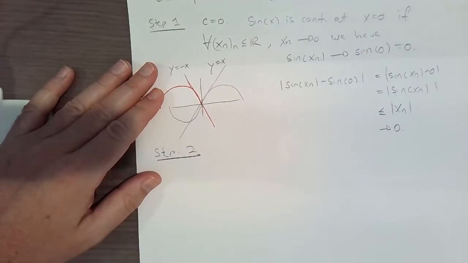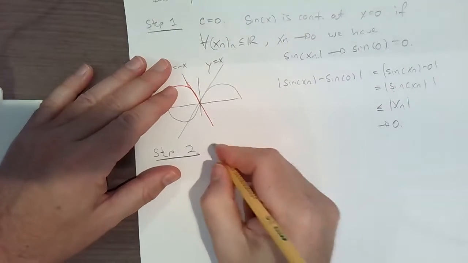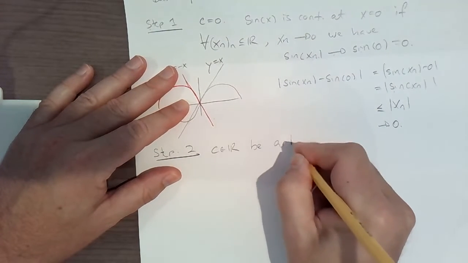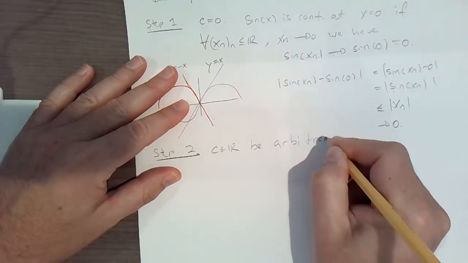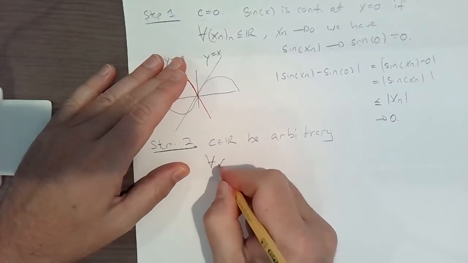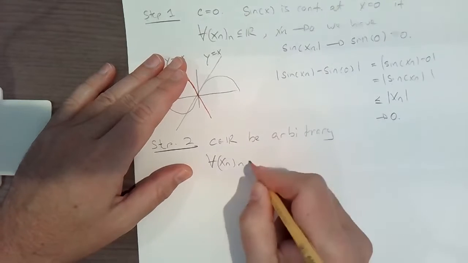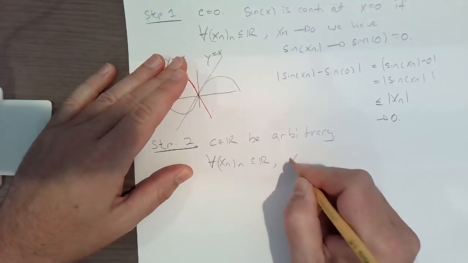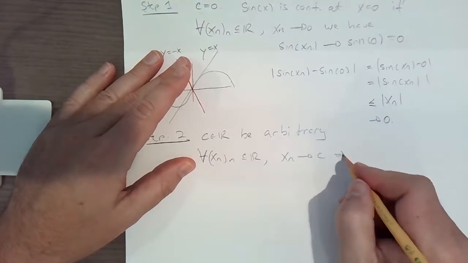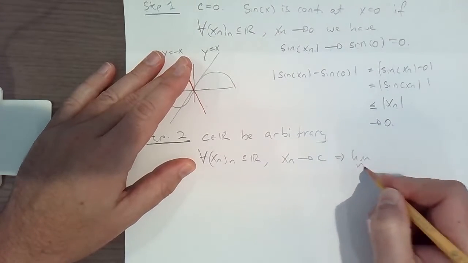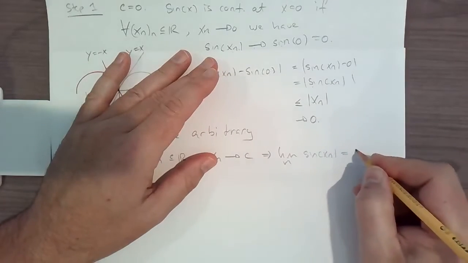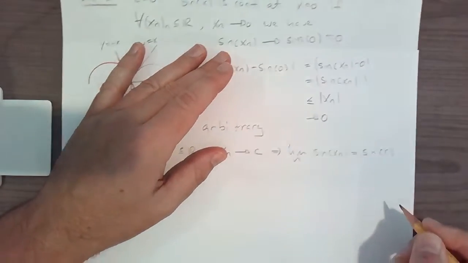So now let's prove continuity at any point. What we need to do now is we're going to have that any sequence that converges to c must imply that the limit of sine of xn is equal to sine of c.